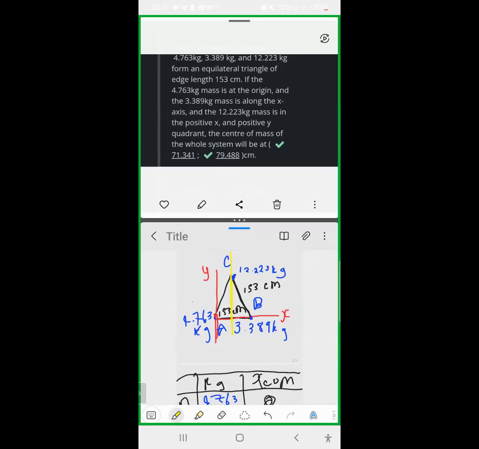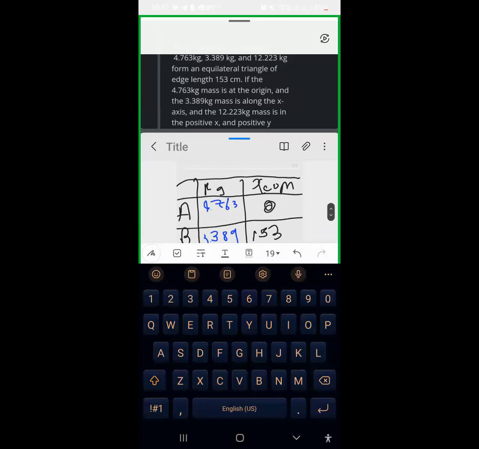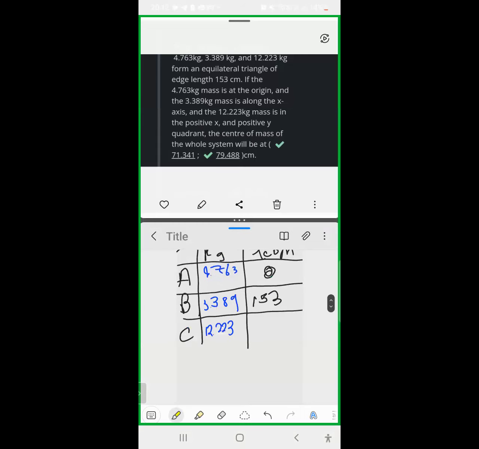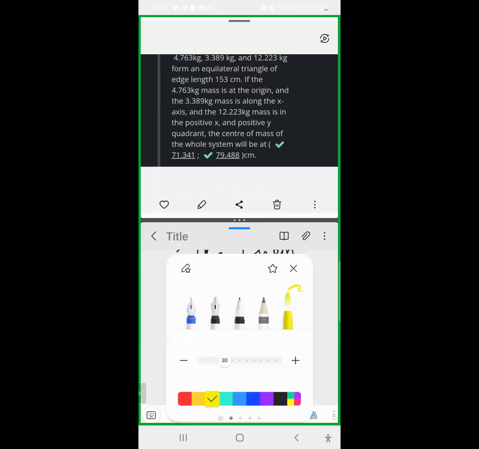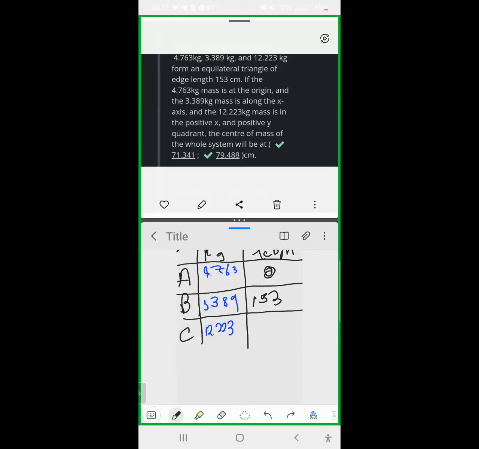Therefore, the X center of mass at this particle C will be 153 divided by 2, and that is going to give you 76.5. That is the X center of mass.